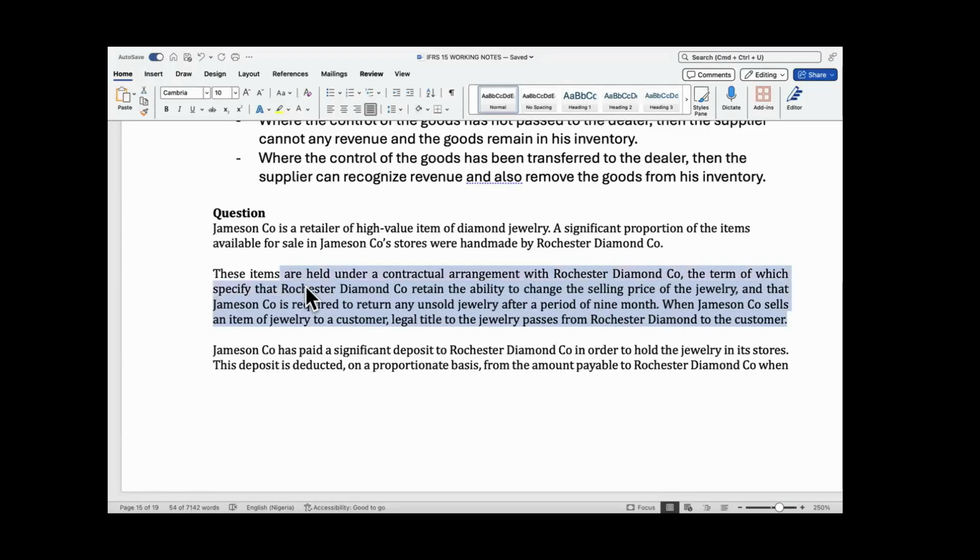Reading this alone, I'm sure every one of you should be able to see that Rochester cannot say he has earned the revenue when he puts those goods in Jameson's store, because Jameson is required to return any goods unsold after 9 months. So that means he didn't even sell. It's a consignment. You just say, sell on my behalf. It's like a dealer.